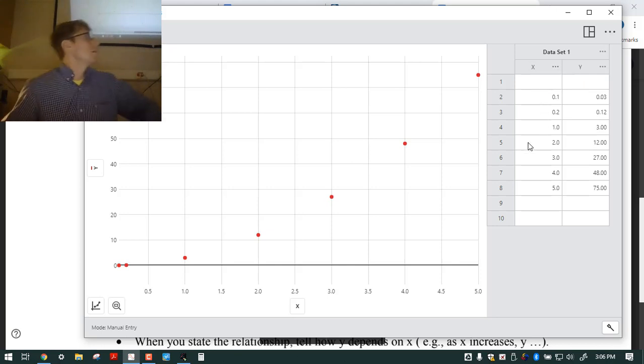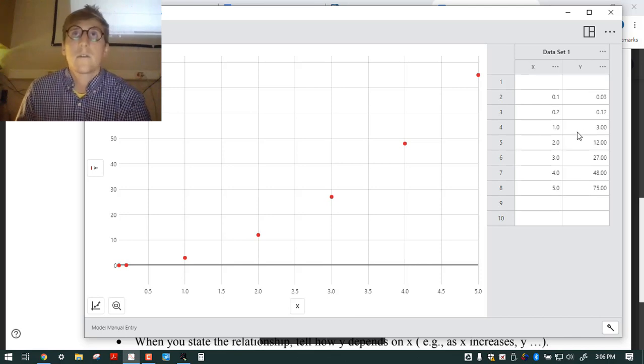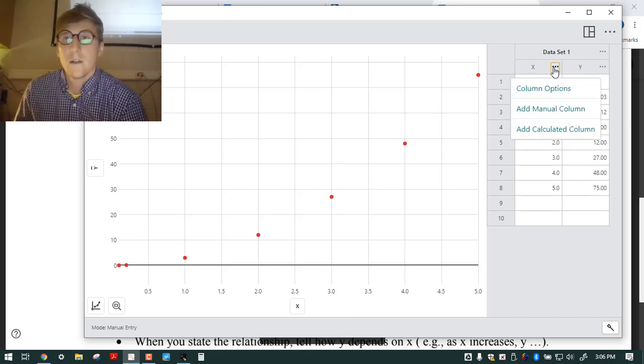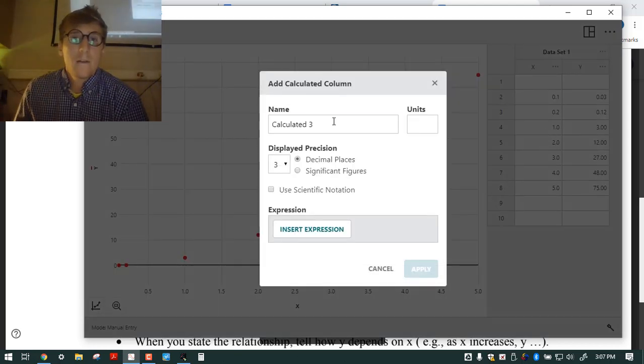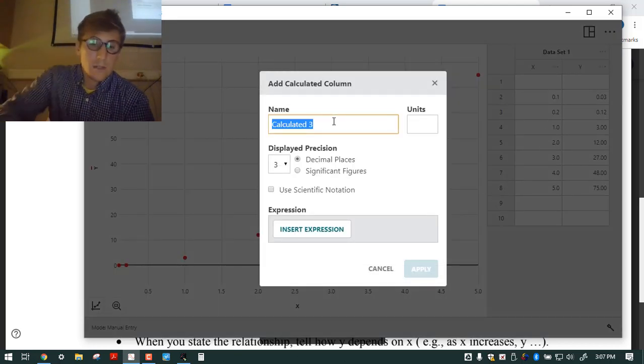If you want to do all this by computer, you could, you just need to make sure you include it in your lab write-up. If I click these 3 little dots in the program Graphical Analysis by Vernier, you can add a calculated column. You can name it whatever you want. Let's just name it x squared, because that's what we're doing here.